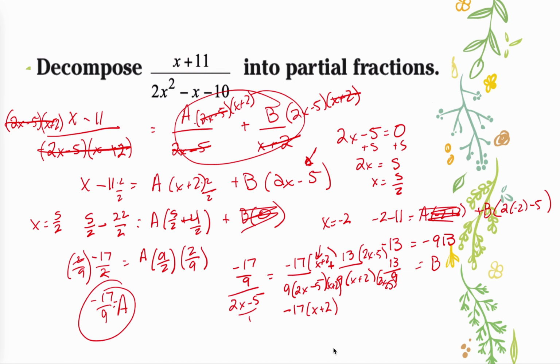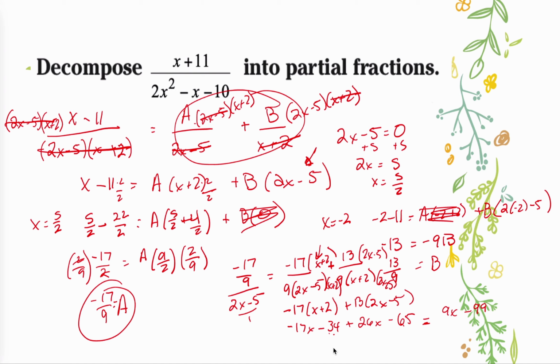So negative 17 times x plus 2 plus 13 times 2x minus 5, which is negative 17x minus 34 plus 26x minus 65, which when we combine our like terms, negative 17x plus 26x is 9x. Negative 65 minus 34 is negative 99.